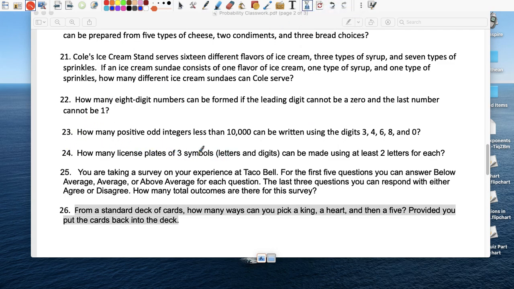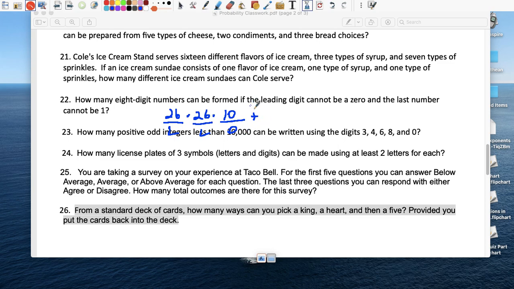How many license plates of 3 symbols, letters, and digits can be made using at least 2 letters for each? Well, think about it. This could be a letter, a letter, and a digit. So I had 26 choices here, 26 choices here, and 10 choices here because it's 0 to 9. But the problem is, we're talking about license plates.